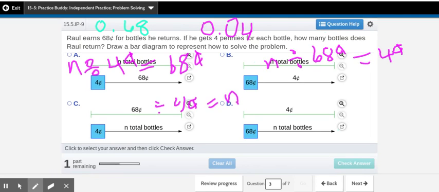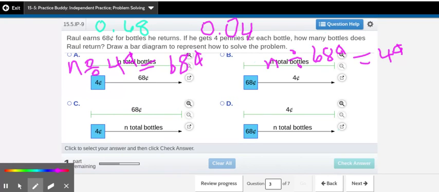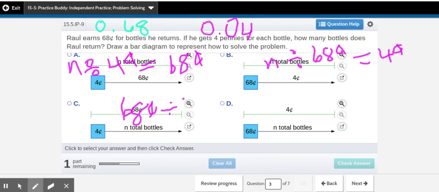That makes the most sense. Sorry, that last part looks horrible. C says our 68 cents divided by the 4 cents equals our number of bottles, which is exactly what we need.